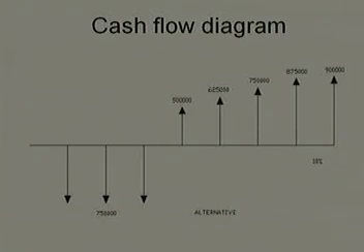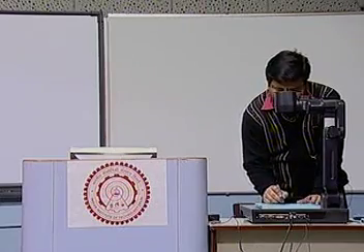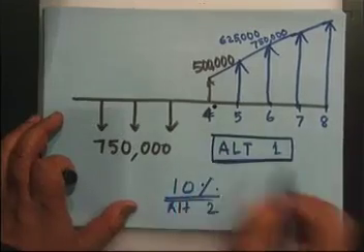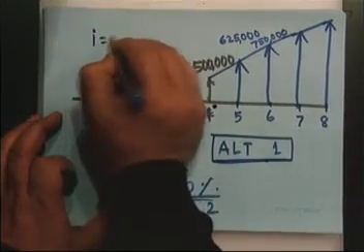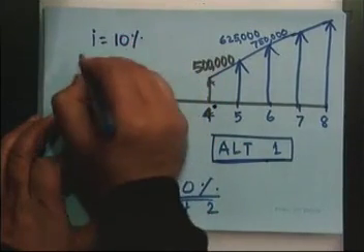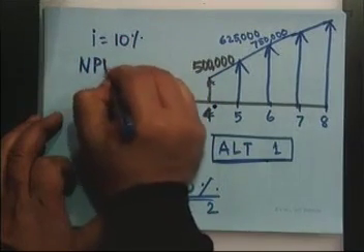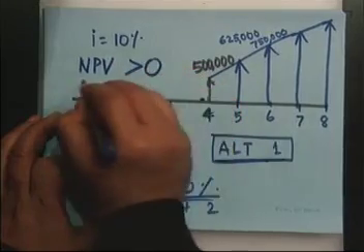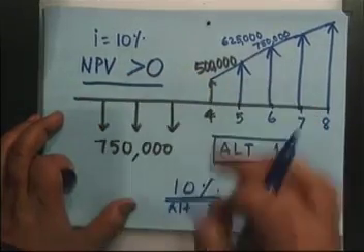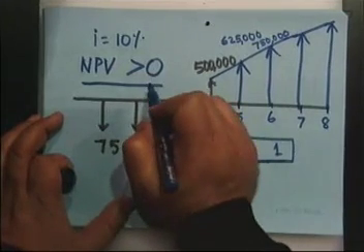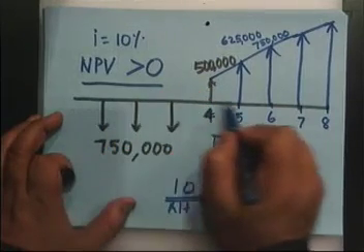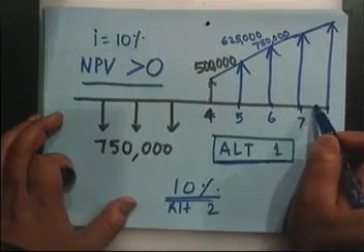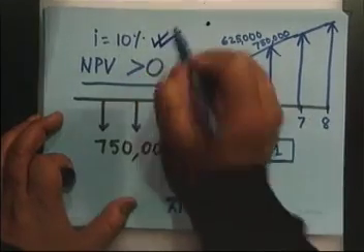What I will do is, for this alternative 1, at i equal to 10%, if net present value is greater than 0, it means I am getting a return more than 10%. So, all my interest factor computations would be at i equal to 10%.